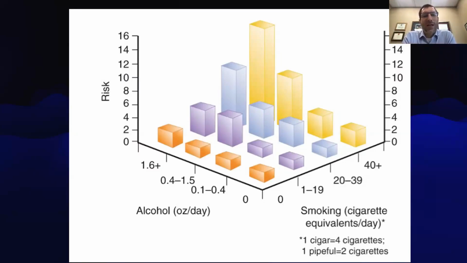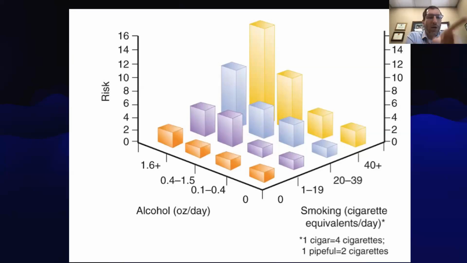So what this chart shows is, if you look at where it says 0 and 0 and that little orange box there, that's if you're a non-drinker, non-smoker, setting your relative risk at 0 of getting cancer. Saying if you don't drink, you don't smoke, even though it's not true, from a statistical analysis, we're going to put your relative risk at 0.